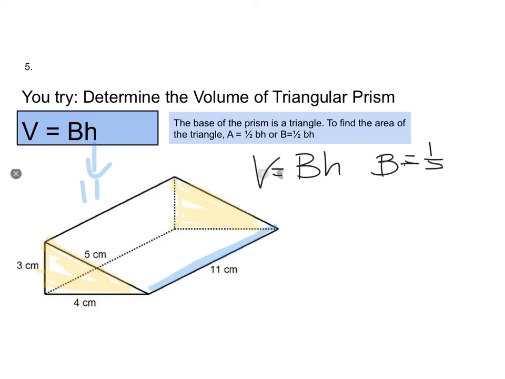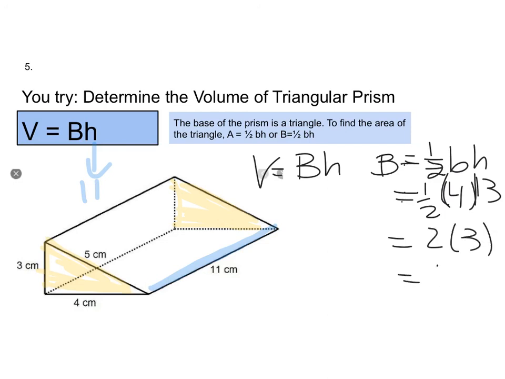1/2, base times height. The base of the triangle is 4, and the height is 3. Multiply those all together, and 1/2 of 4 is 2, and 2 times 3 is 6.